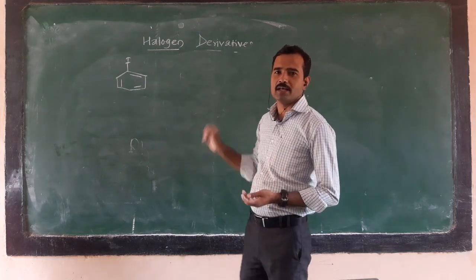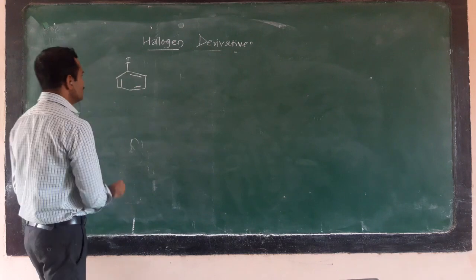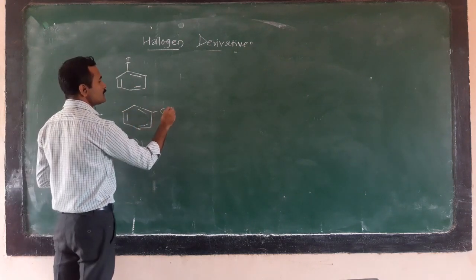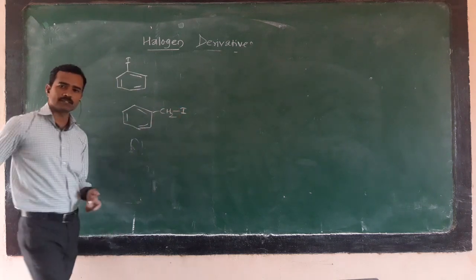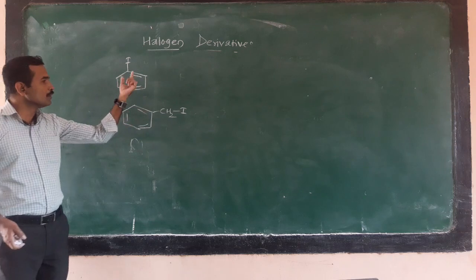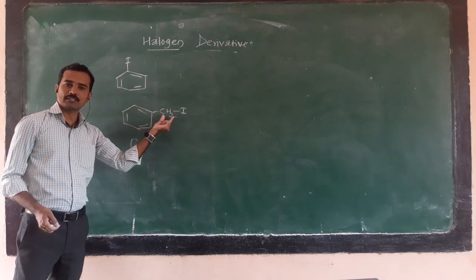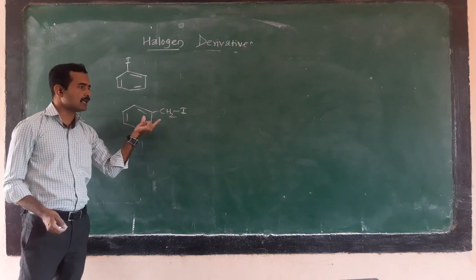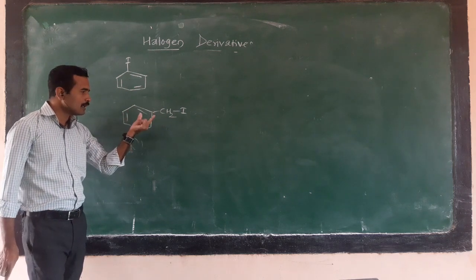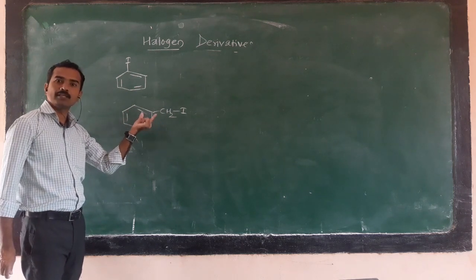And the last example is benzene attached with CH2I. What is the difference between these two? Iodobenzene and this compound differ by CH2. So this is benzylic iodide, or benzyl iodide, which is the common system name.